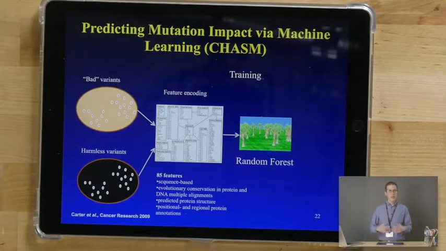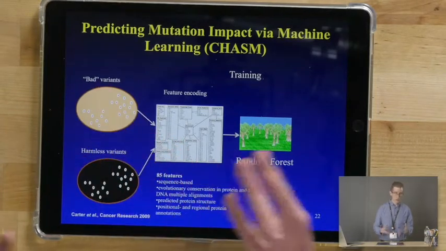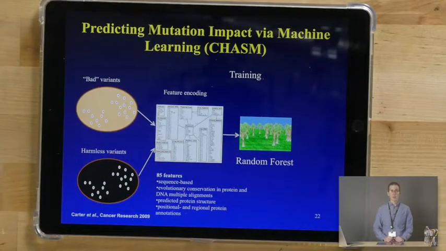Another approach to interpret mutations uses what's called machine learning. In this setup, you have two different types of mutations. You have a set of mutations that are putatively bad or cancer promoting, that are driving the cancer.